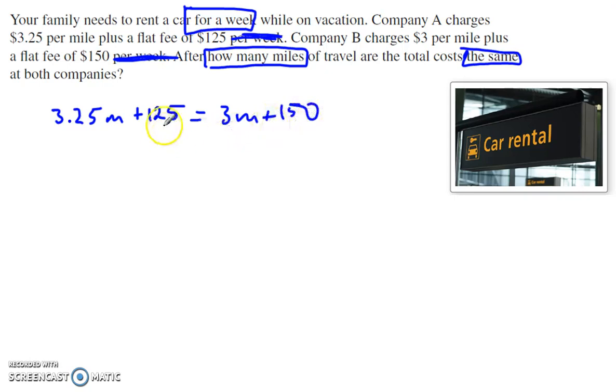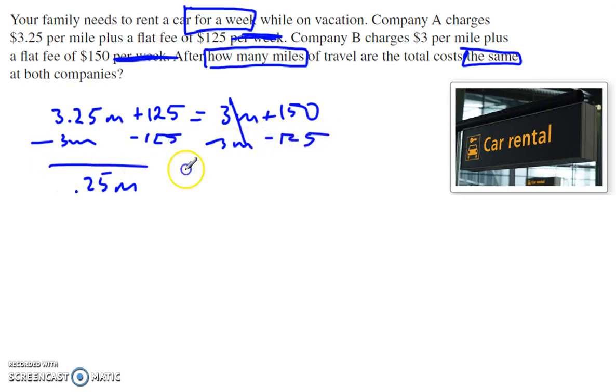Okay, now solve that. Subtract 3m from each side. That cancels out this. We get 0.25m. And then since I've canceled out the m on that side, I'm going to subtract 125 from each side. That gets me 0.25m equals 25. Divide by 0.25.